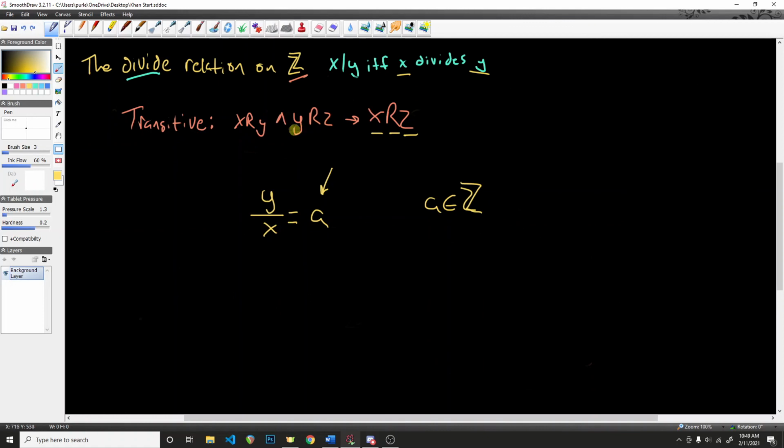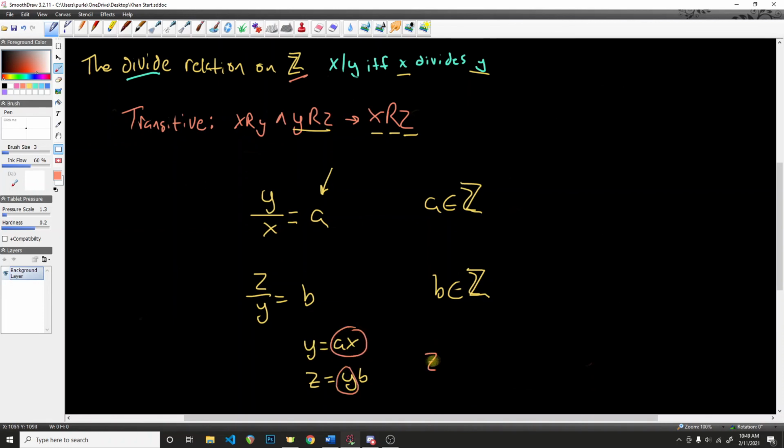And pretty much the same thing here. We have z divided by y, and that is going to be equal to b. We don't know what the values of a or b are. They're placeholders for now, but we do know they have to be elements of the integers. So we can rearrange this and we can say that y is equal to a times x. z is going to be equal to y times b. But we can see here that y is equal to a times x. We can plug that into here.